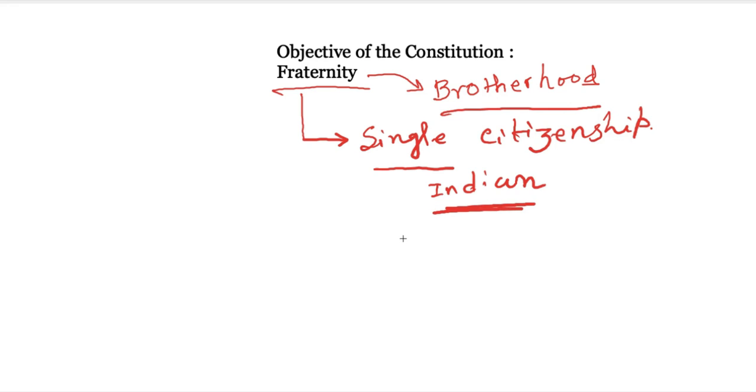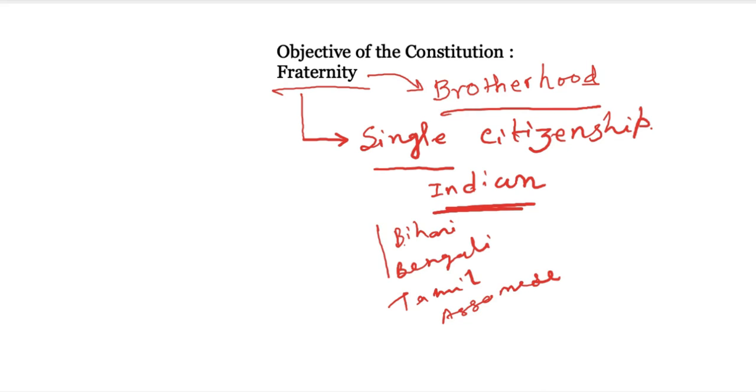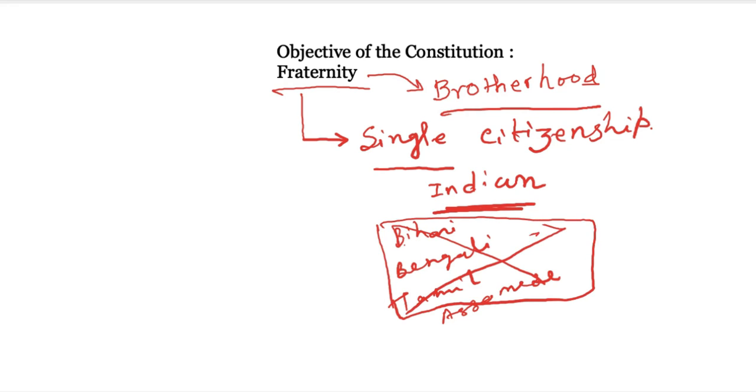So when we say Bihari, Bengali, Tamil, Assamese, these things do not have any meaning according to the Indian Constitution. All of us are only one thing, that we are Indian. This is fraternity. So we are all brothers.